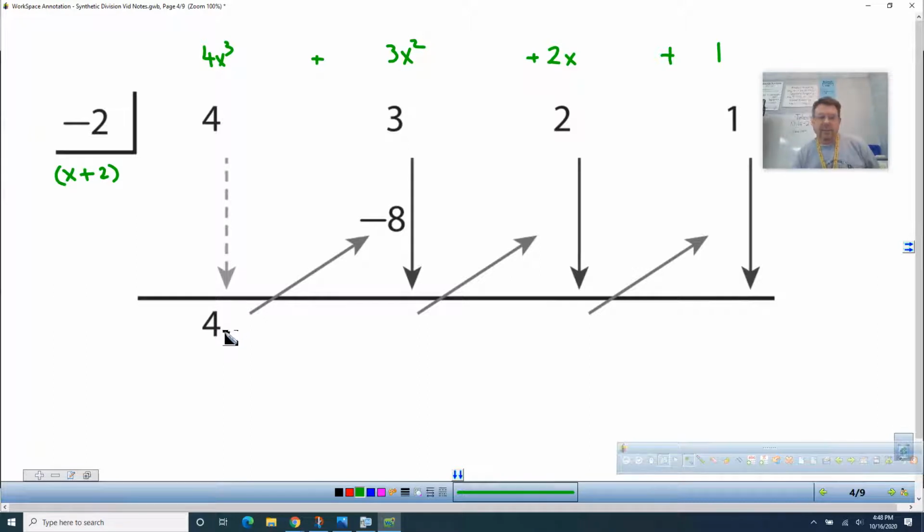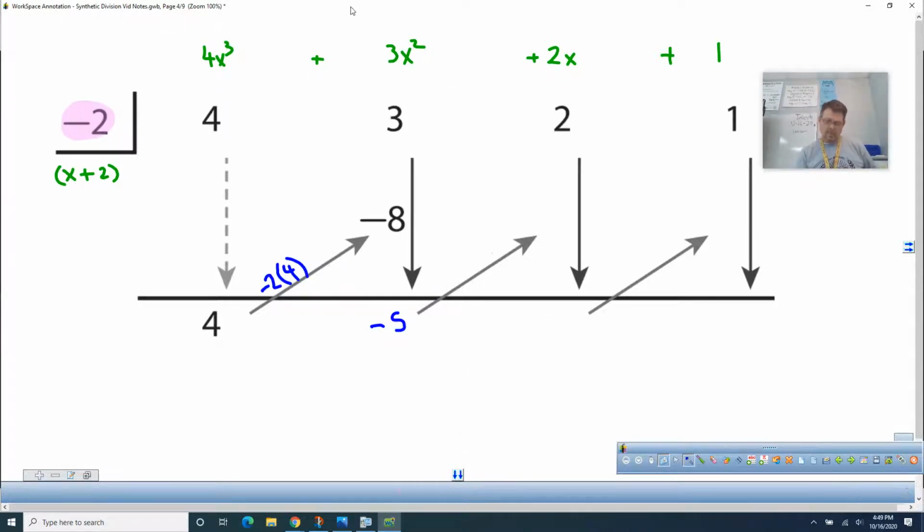Bring down the first piece, okay? And then we're going to multiply. So that would be negative 2 times 4, negative 8. Add, that gives me negative 5. Multiply again, because we're always multiplying by this guy over here, right?